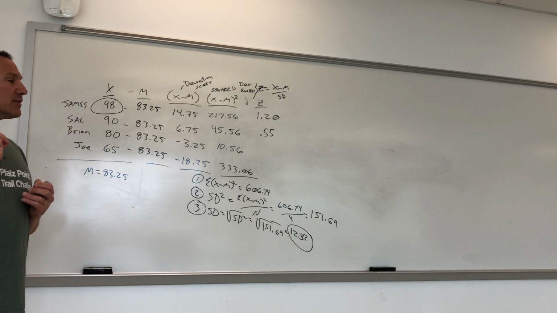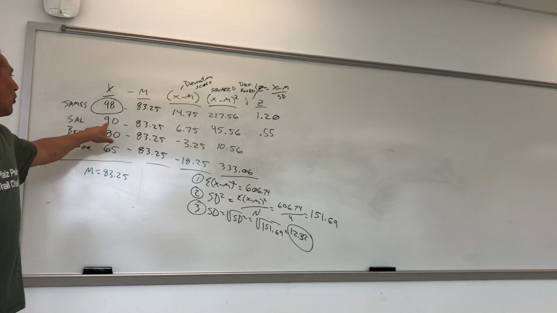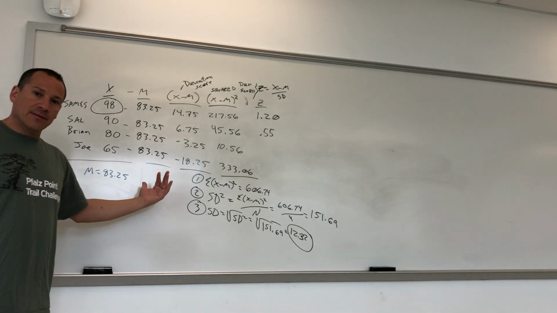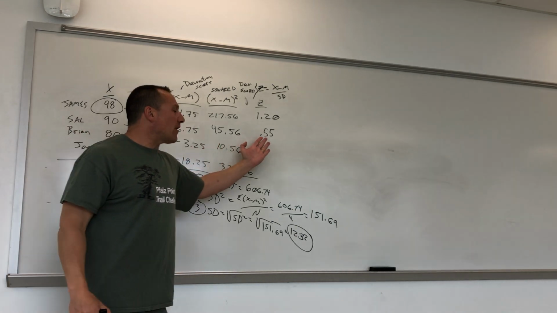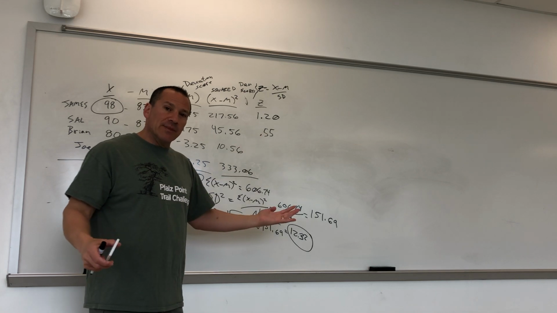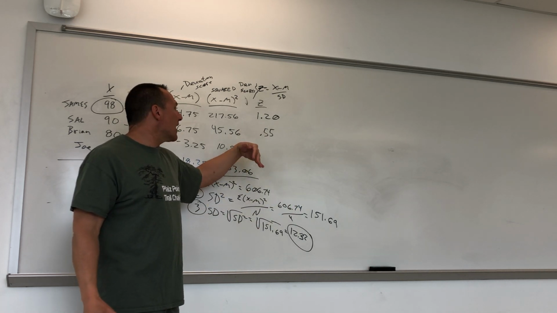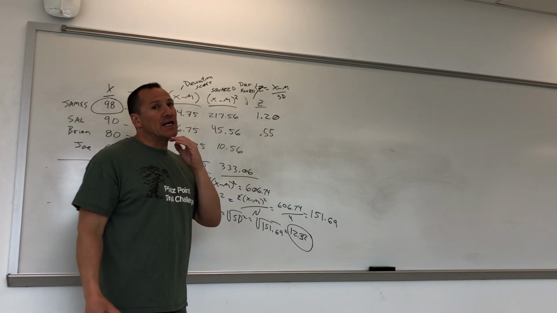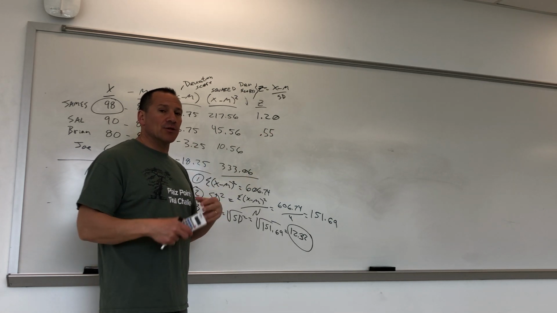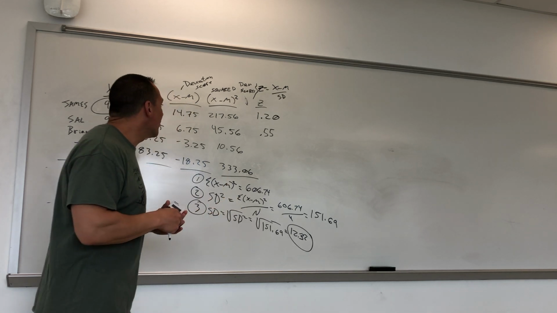We know that it's positive. If you have a positive z-score, based on how this is calculated, you know that the raw score is above the mean. And the fact that it's 0.55 standard deviations above the mean means it's a bit above the mean, but it's not super above the mean like James's score is. It's not as far from the mean as James's score is. So it's above the mean, but closer to the mean compared with James's score.